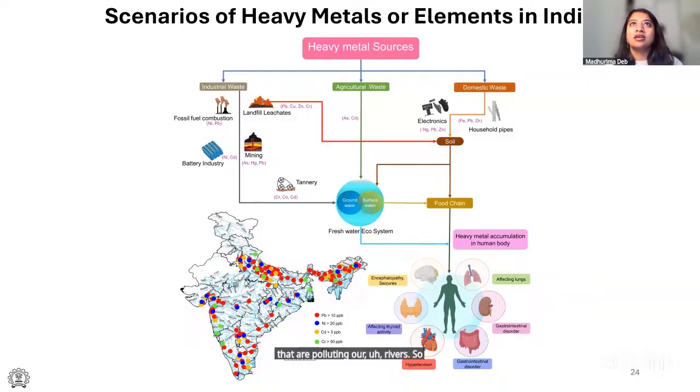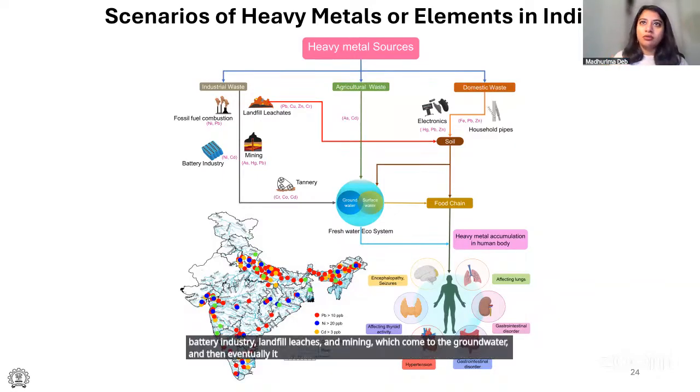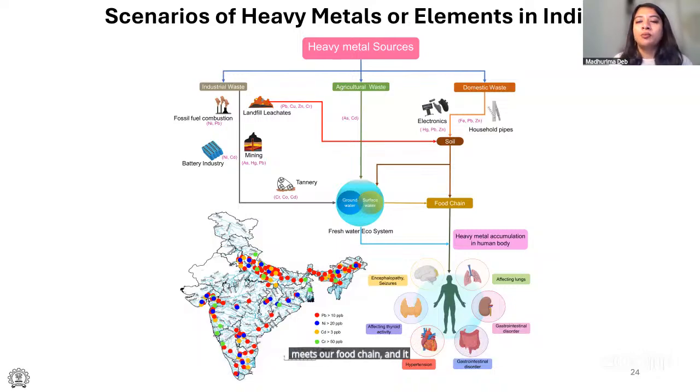The sources of heavy metals are industrial waste, domestic waste, the battery industry, landfill leaches, and mining, which come to the groundwater, and then eventually meet our food chain, and it accumulates in our body and creates a lot of problems.